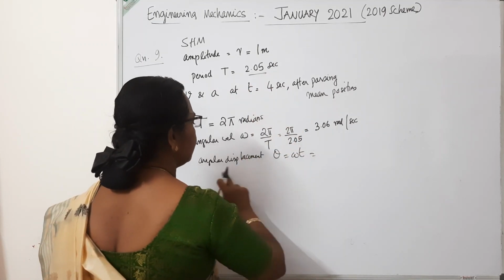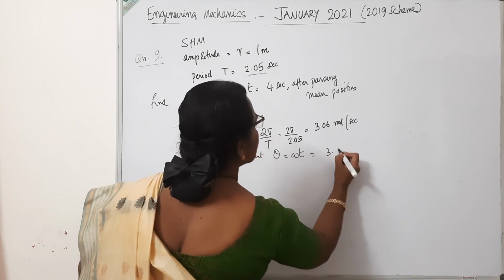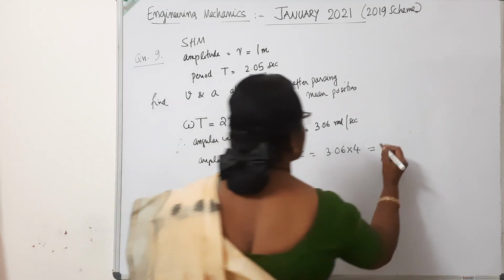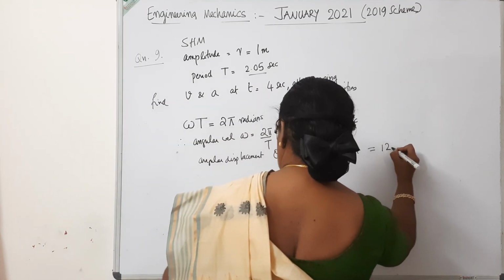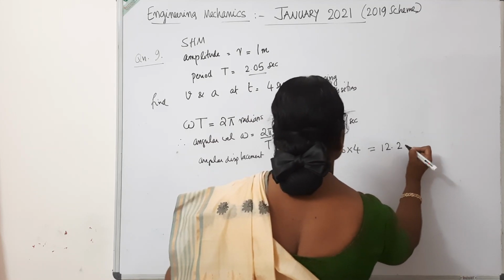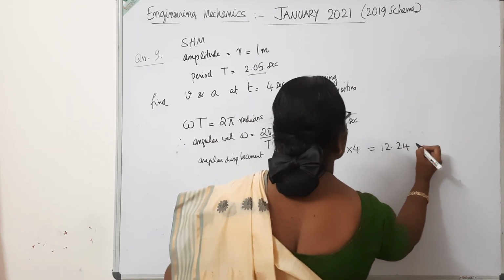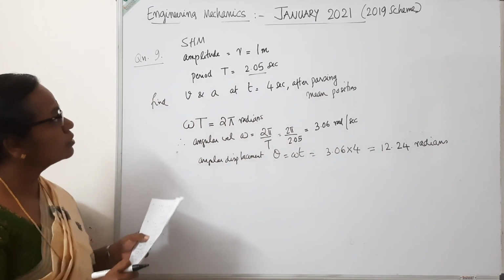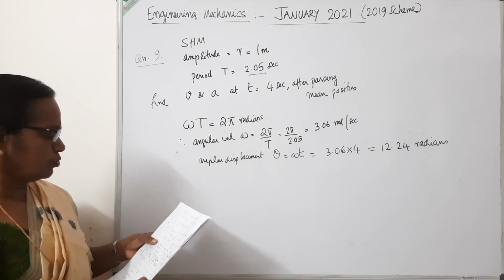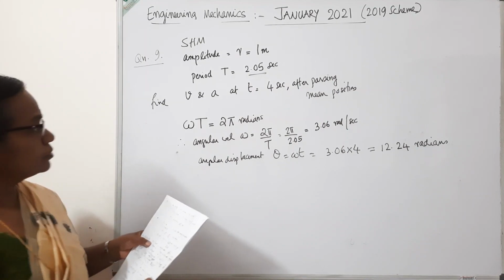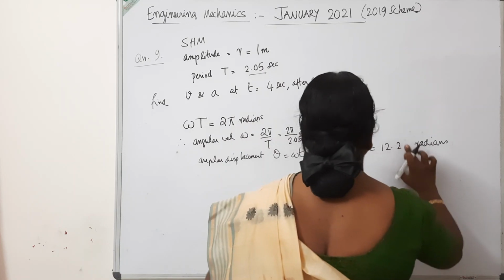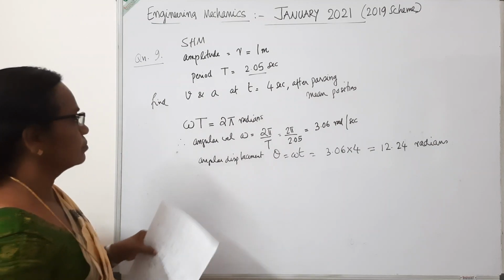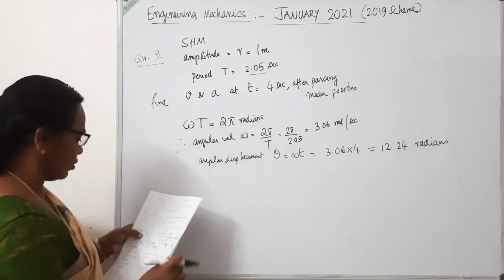So in 4 seconds the angular displacement will be 3.06 into 4, which works out to 12.24 radians. Now they ask to find the velocity and the acceleration.